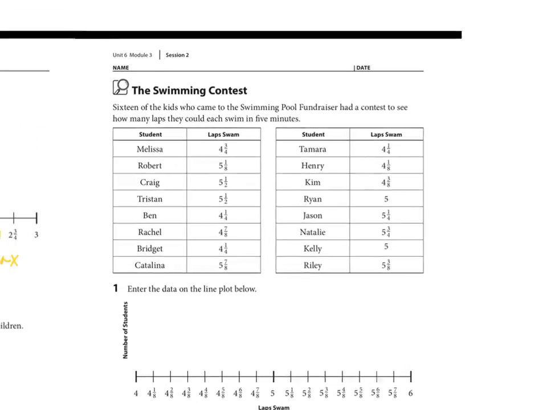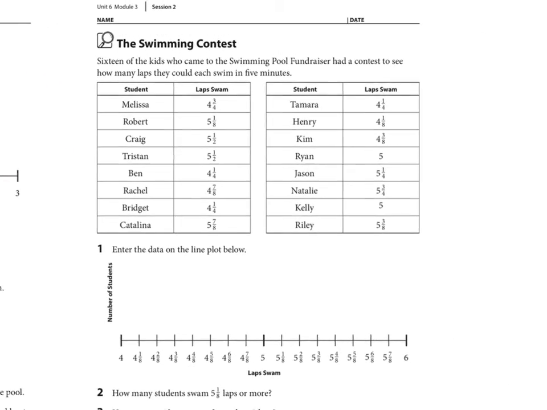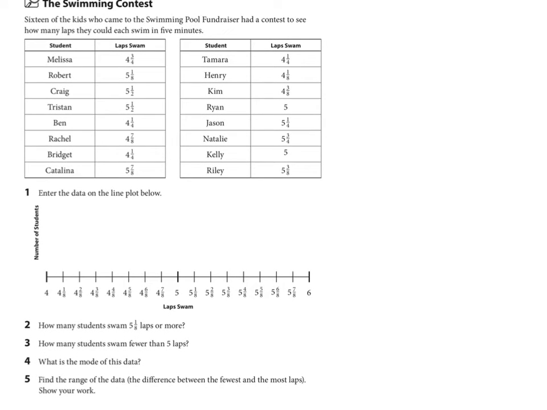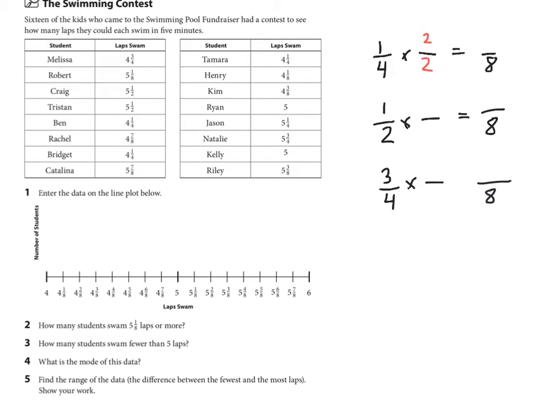And then over here, same idea, you're just doing more practice. But let's just go over a quick thing to help you with this. Everything on your graph here is in 8s. And up here we have some numbers that aren't 8s, so we need to translate those into 8s. Okay, so 1/4 times what is going to give you 8s? You need to do it times 2 halves.